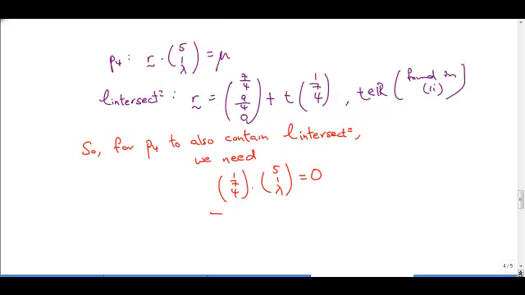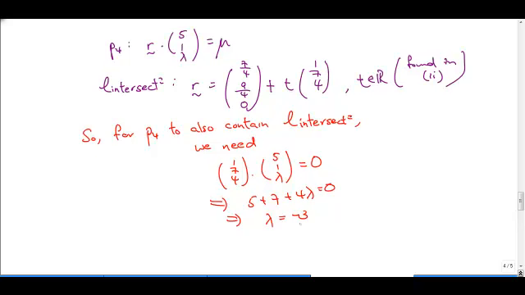This gives us 5 + 7 + 4λ = 0, and we will then find that λ = -3.